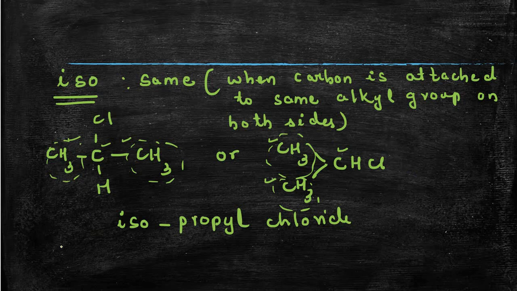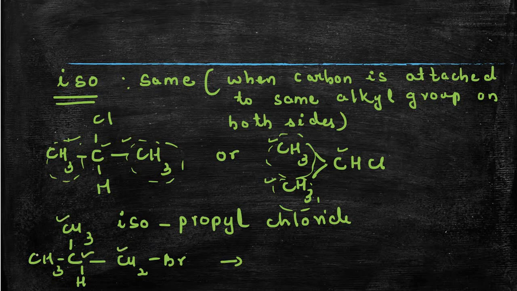Now let us consider one more example. Here we have taken a CH3 group. On both sides we are having the same alkyl group. Again hydrogen is there. This one is CH2Br. Now what is the common name for this compound? You just see how many carbon atoms are there: 1, 2, 3, 4. Four carbon atoms are there.